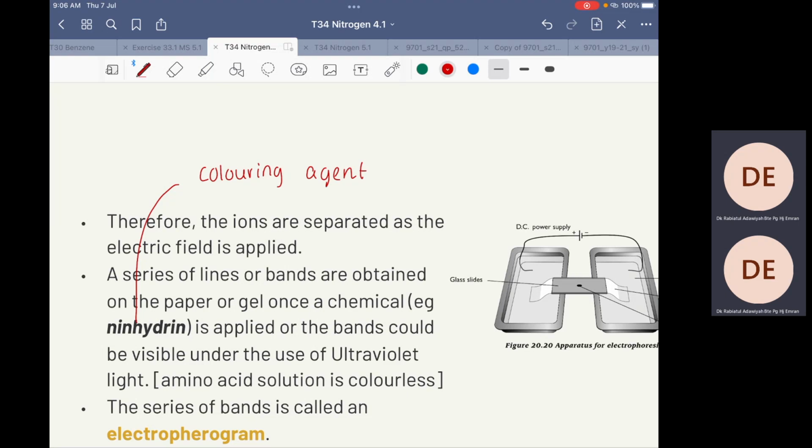So we have to spray using a coloring agent just to turn the colorless amino acid into something that is visible. Or you could use it under ultraviolet UV light. Okay, sometimes they appear to be a certain color under the UV light. Okay, so the series of bands is called an electroferrogram.